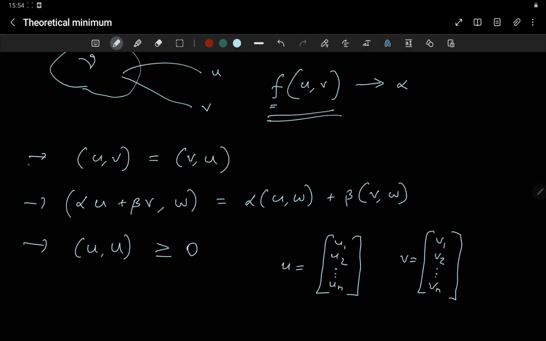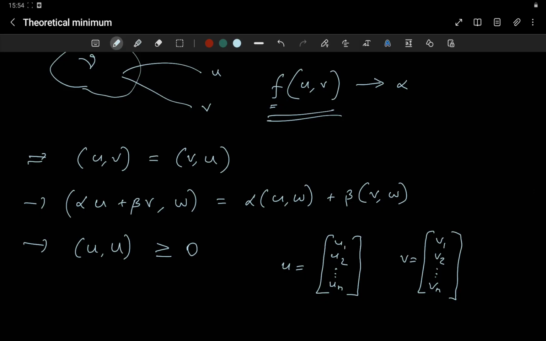Now what about the first property? So how do you take the dot product for these vectors? The first element into first element plus second element into second plus third into third, like that. So what about the first property? Do they commute? Yes, they commute. Okay, fine.